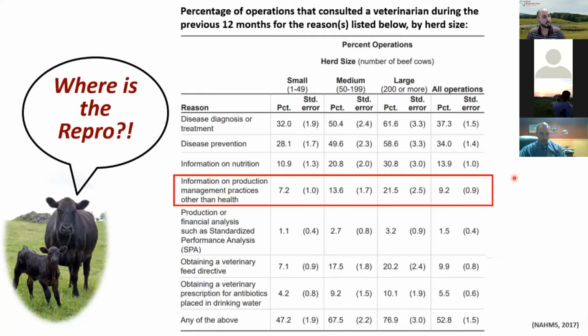But even if it's listed there, it was not important enough to be listed by itself, looking for reproductive advice and reproductive management strategies and so on. And only 9%, right? If it's listed there, only 9% of producers are really looking for a veterinarian for reproductive management advice, which was really surprising.